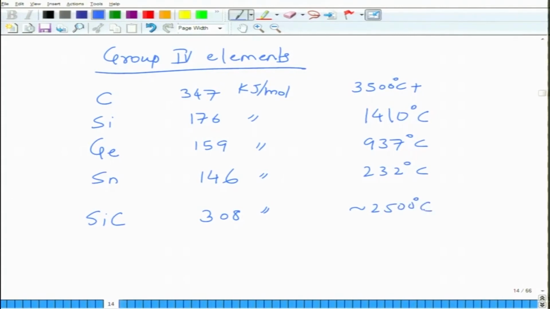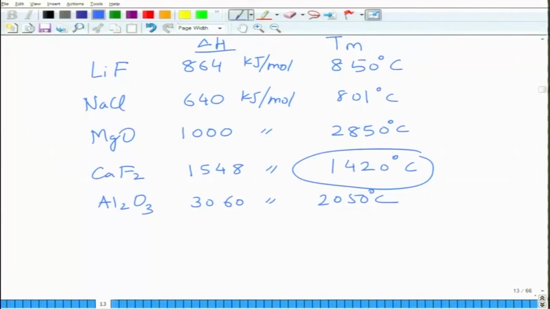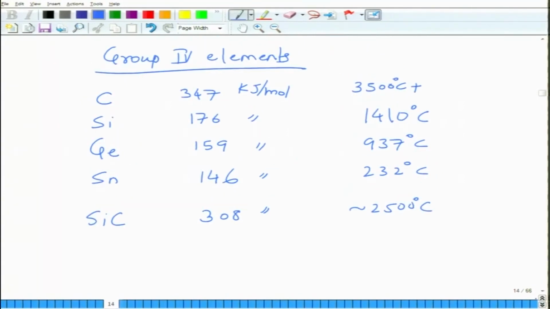So you can again see that the compounds which have lower bond energy have lower melting point, and this is true if you compare the values with these as well. This is the enthalpy of atomization, not exactly the bond energy, but it is related to that, and the trend is fairly similar. What you get there is also true here.